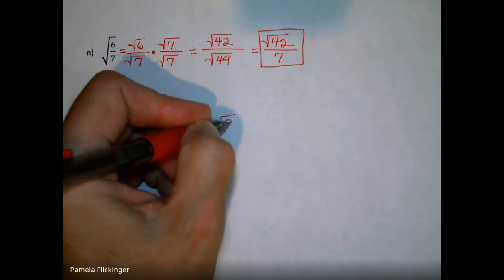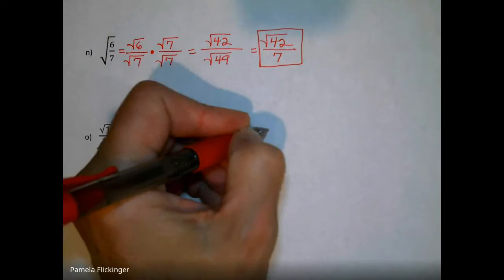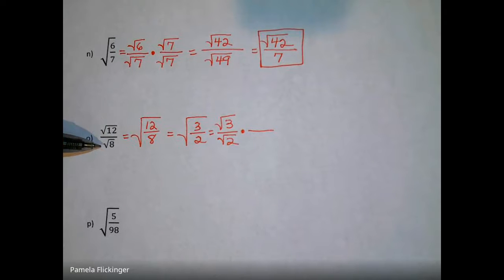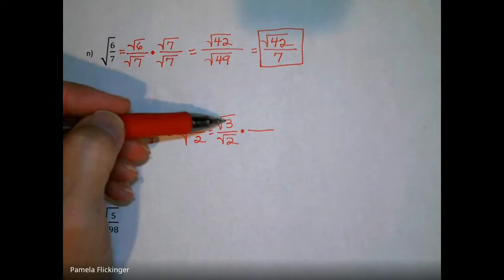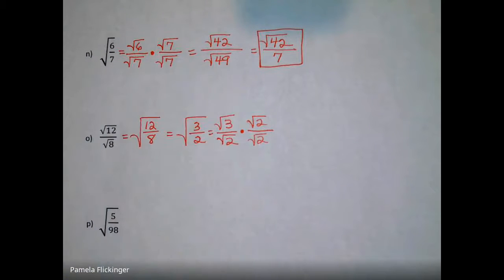So I'll go back, I'll split them apart again. But I do have smaller numbers that I'm working with. Sometimes that makes it a little easier. So instead of multiplying top and bottom by the square root of 8 all the way back at the beginning, which I could have done, I'm now multiplying top and bottom by a smaller square root of 2.